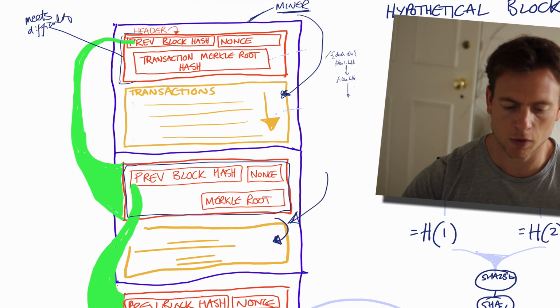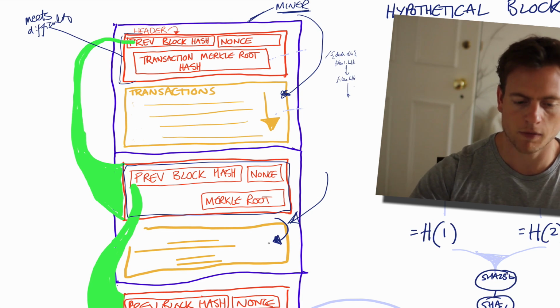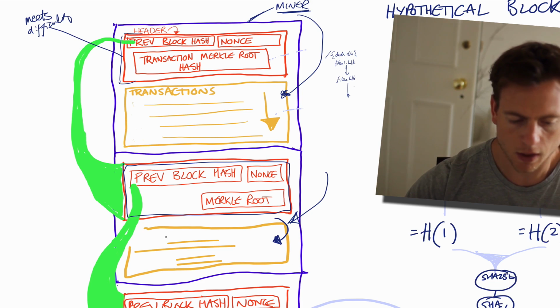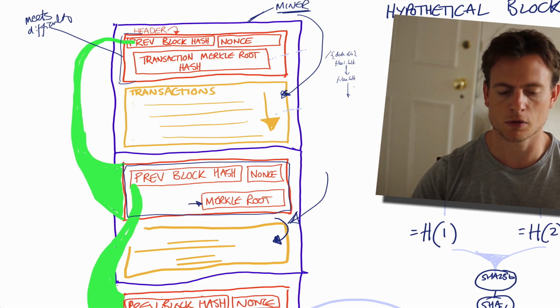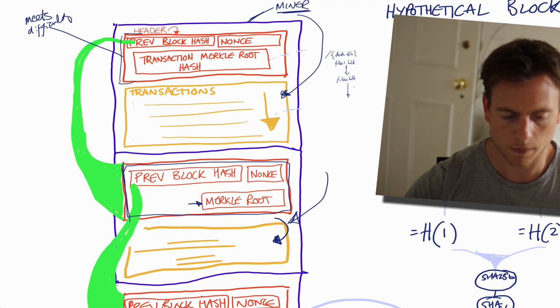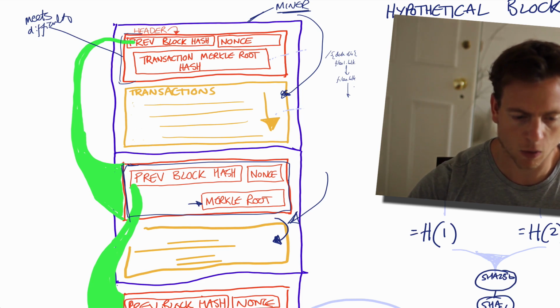Then next time this block is validated, the hash of this Merkle root, the hash of the transaction, is going to change. This block hash is now going to be a different value, and it's no longer going to be the same value as that.